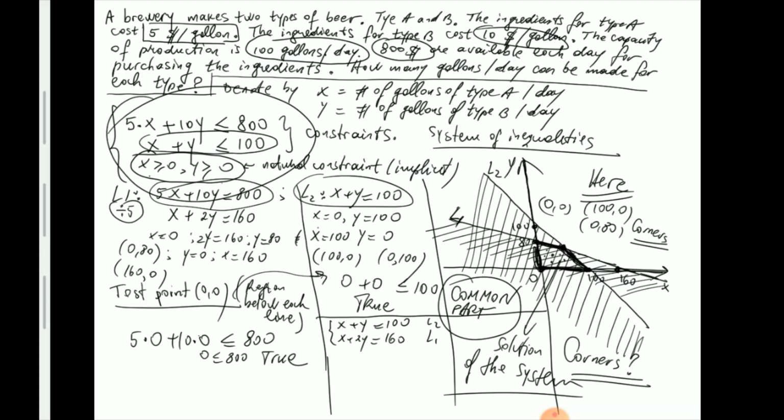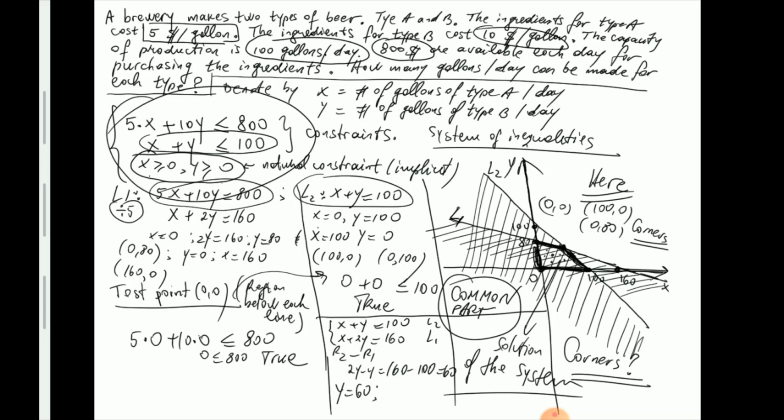For example, I can subtract the second equation, let's call it row 2 minus row 1. Since we have only two variables, we don't have to complicate ourselves with the augmented matrix. Just subtract the two equations and you get 2y minus y equals 160 minus 100. That makes y equals 60.